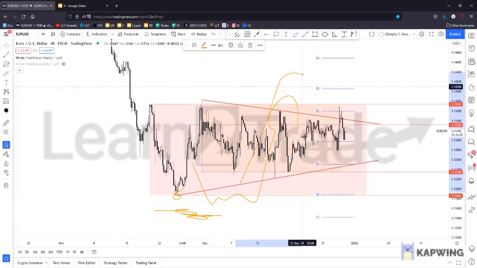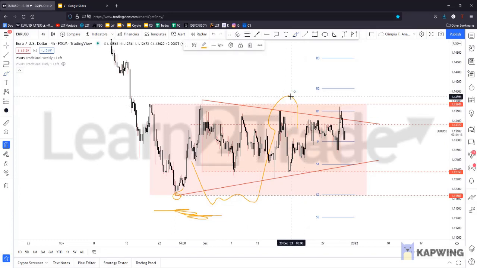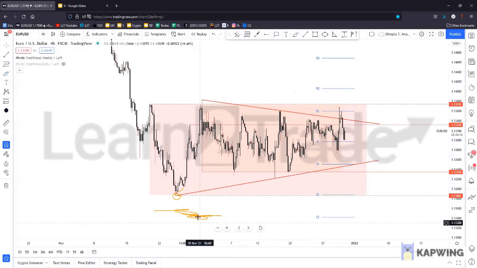If you want to go long, it's important to hide your stop loss below a former low when you have a buying position, and when you have a selling position, it's important to hide your stop loss above a former high or something.